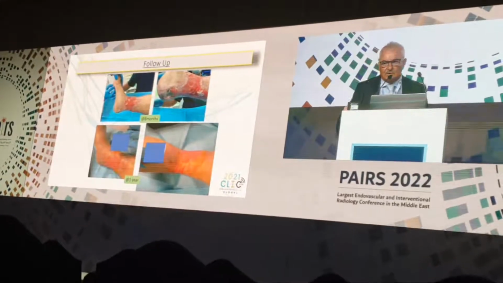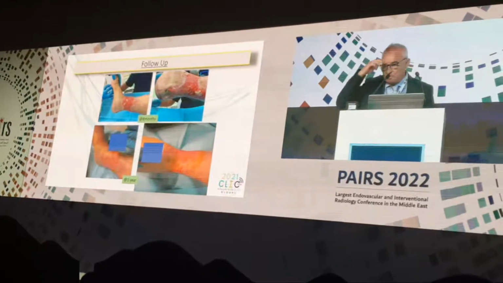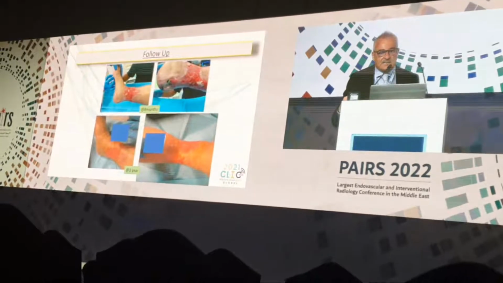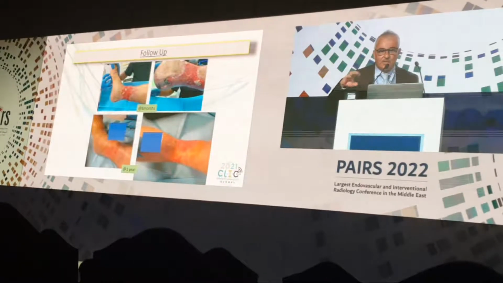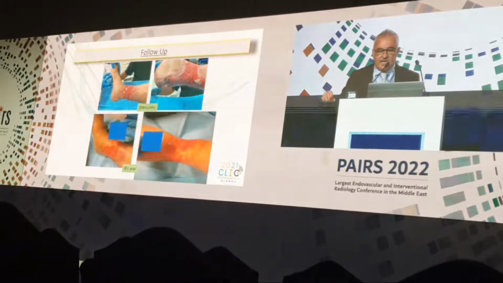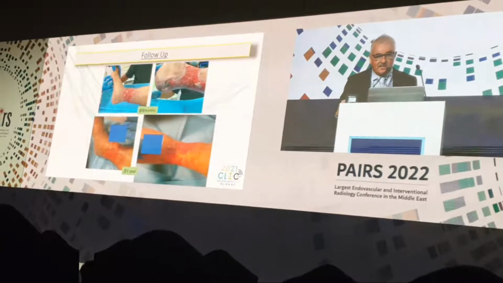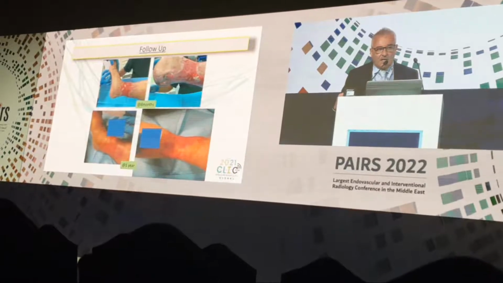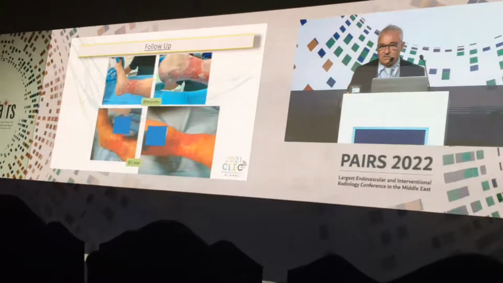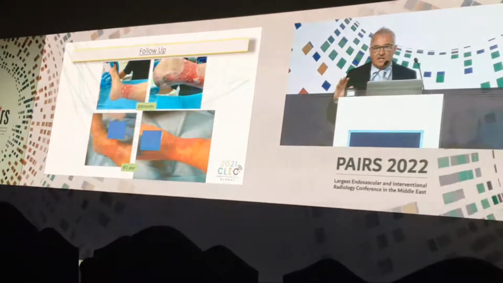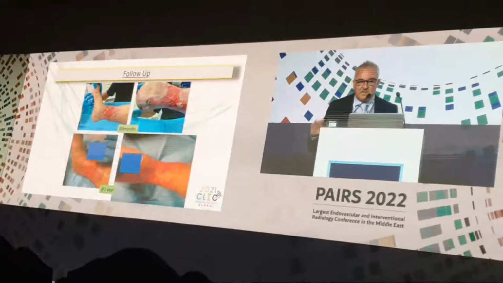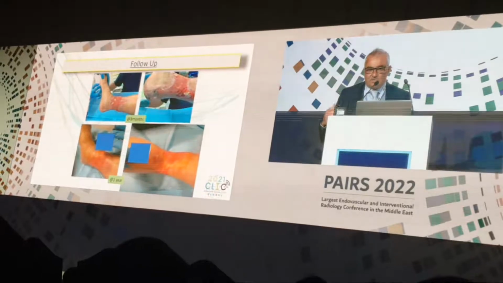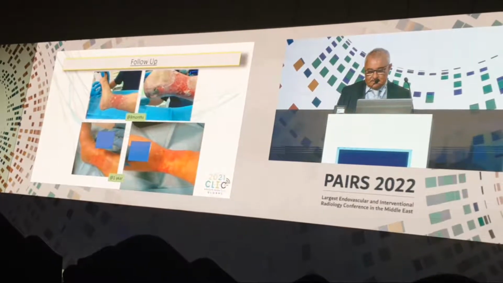I told you yesterday about the Biblios study, which is a study from Belgian and Italian centers. We enrolled a huge number of patients with CLI, exclusively CLI. Rutherford 4-5 is the minimum, so it is a very interesting study, and the results will be very interesting.